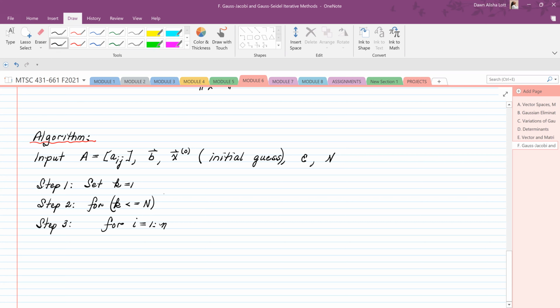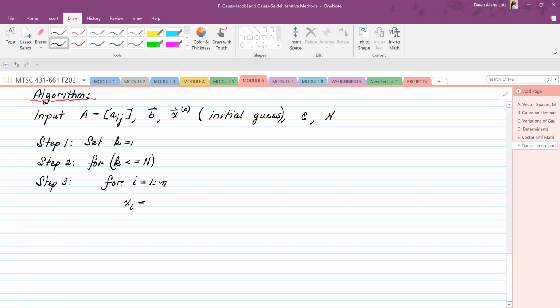Then you're going to compute x_i, which is x at i, equal to 1 over a_ii times the sum, j equal to 1, j not equal to i, to n of minus a_ij times x0, that's the initial vector, at j.